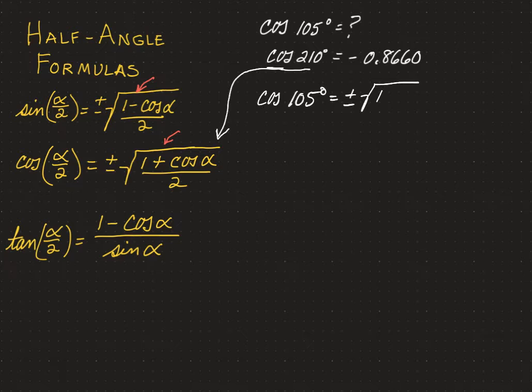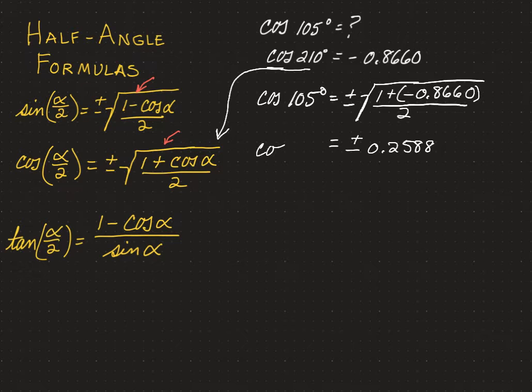So we have 1 plus the negative 0.8660, be careful with your signs, divided by 2. The 2 is still under the radical, and we can evaluate that to be plus or minus 0.2588. Well, which one is it? Is it positive or is it negative?